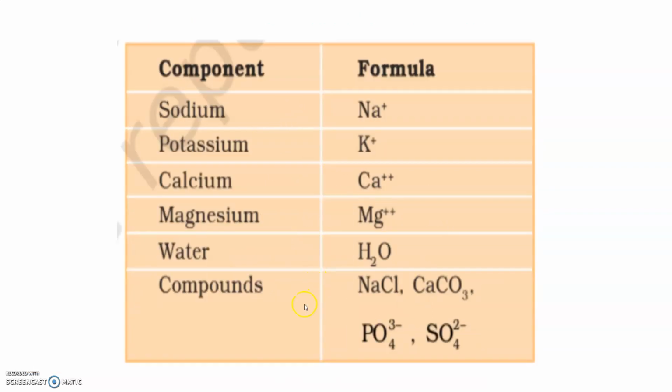And when we see the inorganic compounds in the ash, like in an experiment where we burn a leaf or a part of a liver and get the ash, we find various elements present in it. So in the living tissue also we find that sodium, potassium, calcium, magnesium, water and various other compounds are present in it.